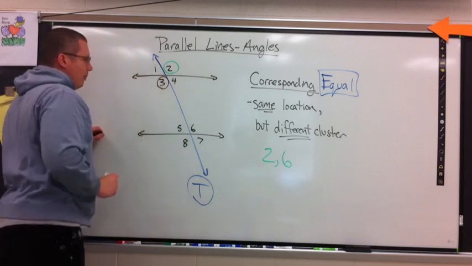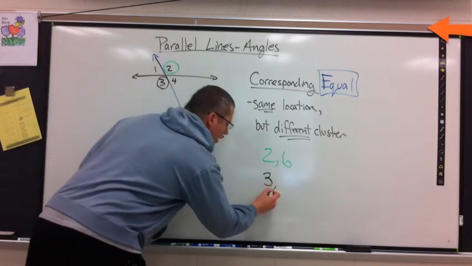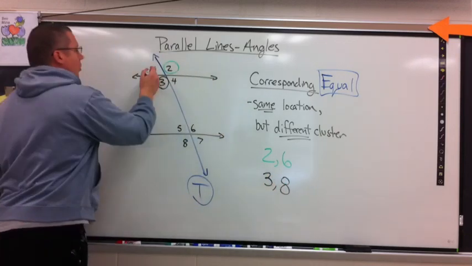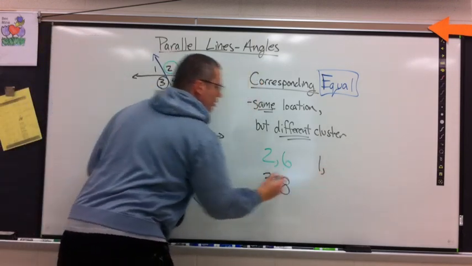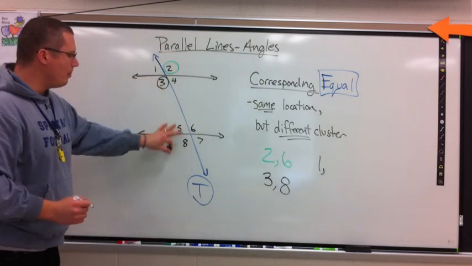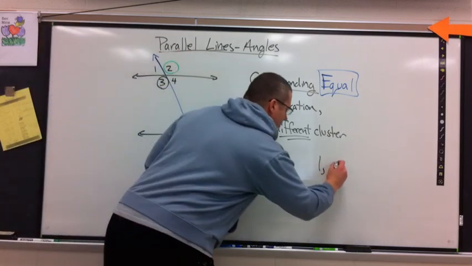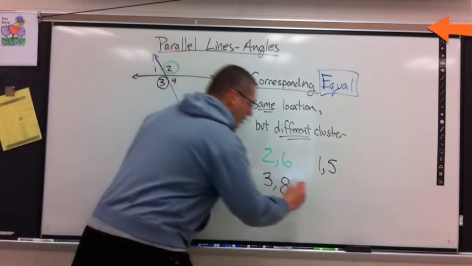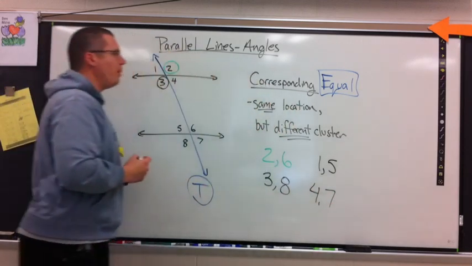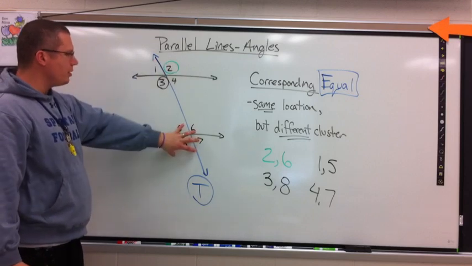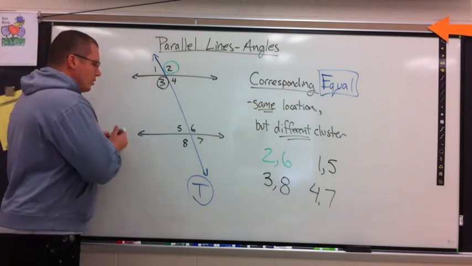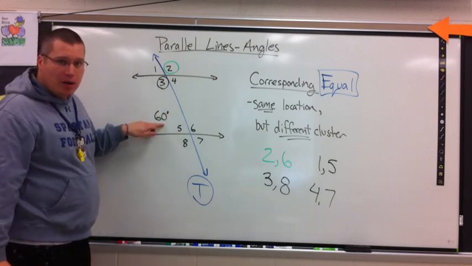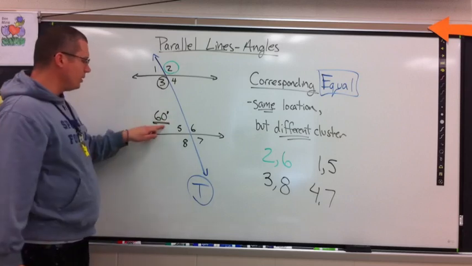What does 3 match up with? 3 matches up with bottom left, which is 8. 1 matches up with what number from this cluster? 5. 1 and 5. 4 is left to match up with 7. Corresponding. Same location, different cluster. And yes, they are equal. So if angle 5 was 60 degrees, tell me another angle that would be worth 60 degrees.